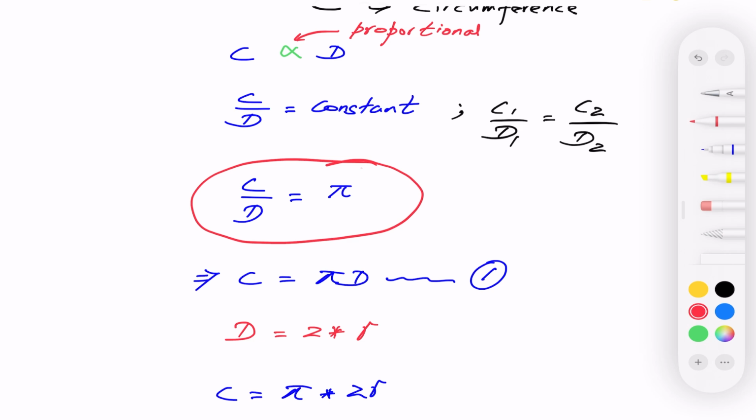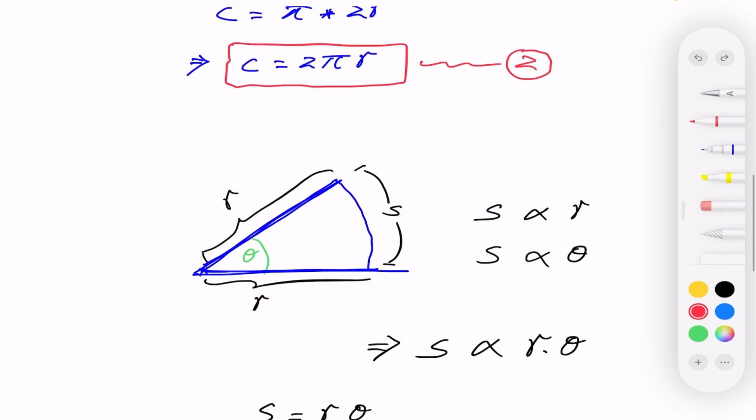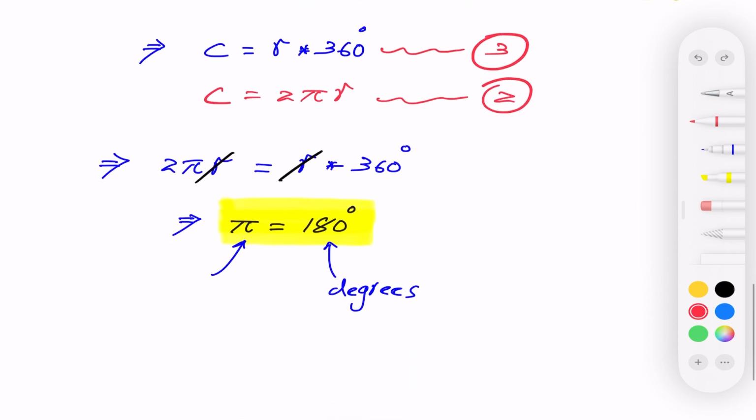Therefore, pi doesn't have units. All right. So on this equation, on the left hand side, we have a constant which is unitless. Instead of saying it unitless always, people gave it a name. That name is radians.